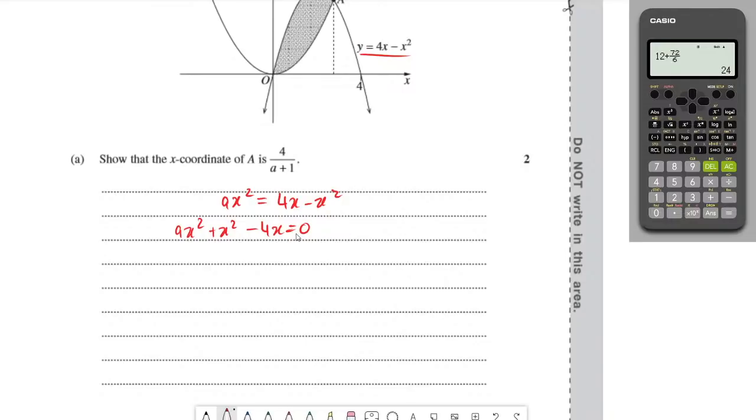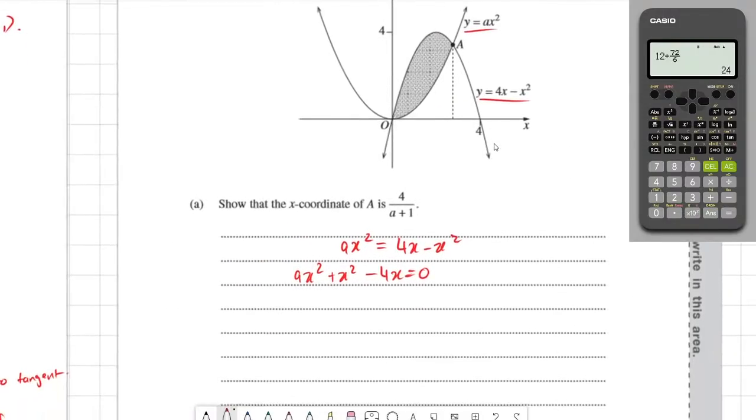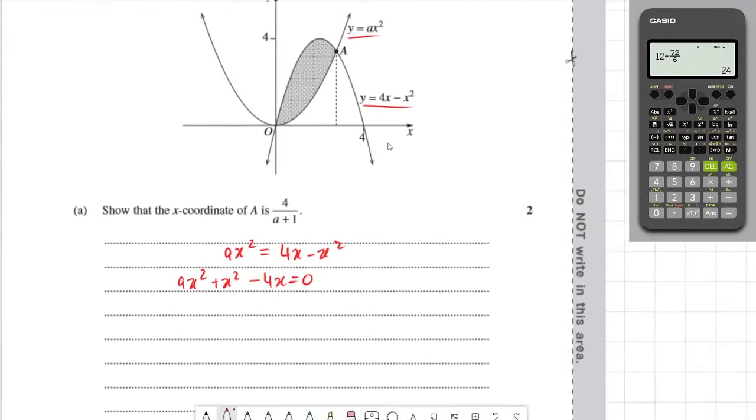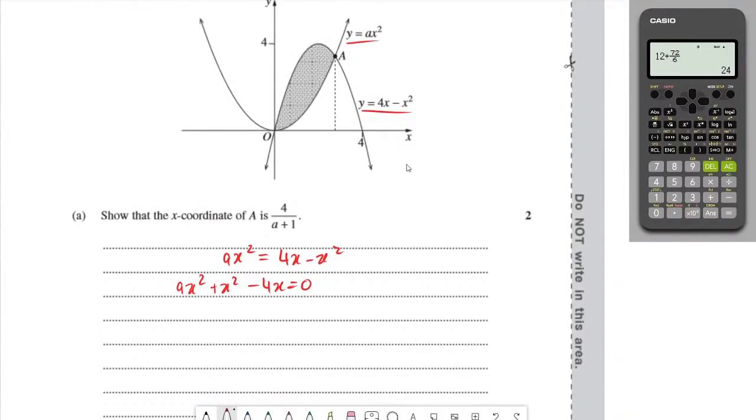Show the x-coordinate of A. I think we can divide through by x to get ax plus x minus 4 is equal to 0. We'll make this ax plus x is equal to 4.